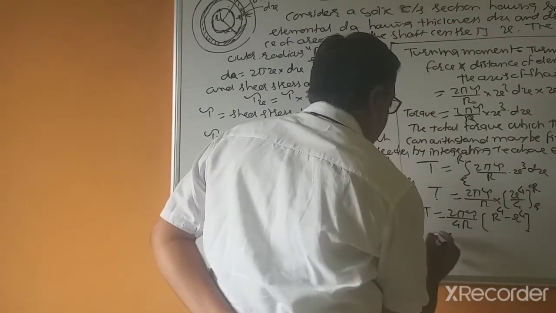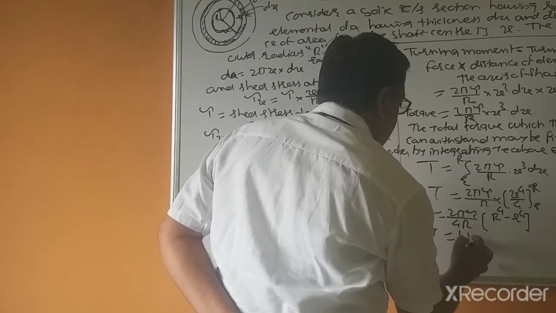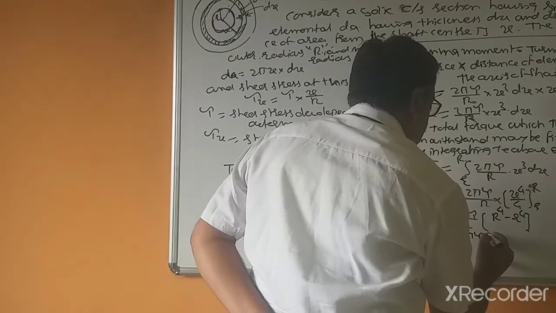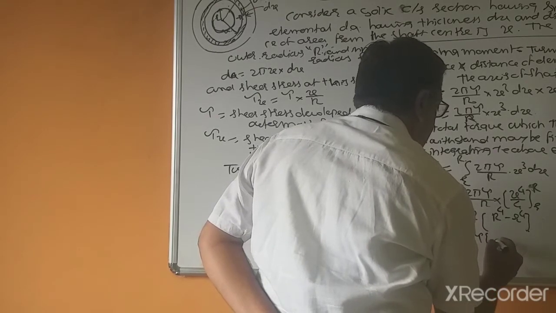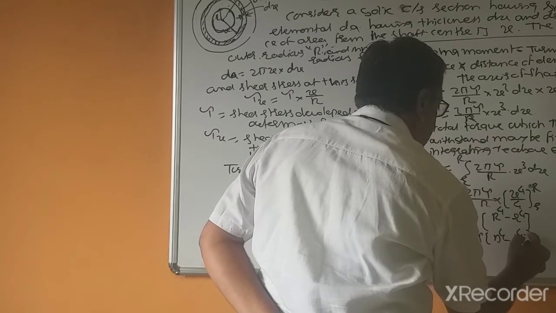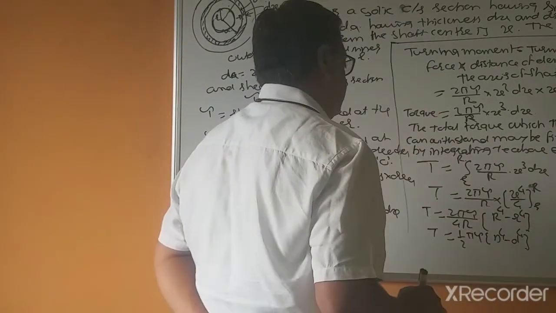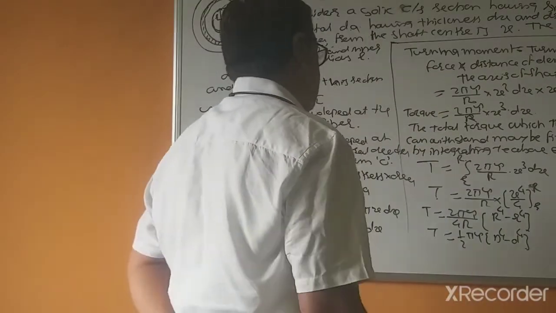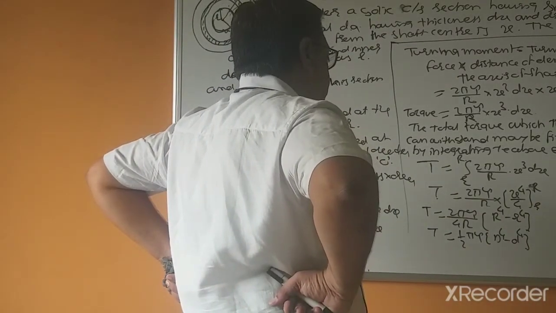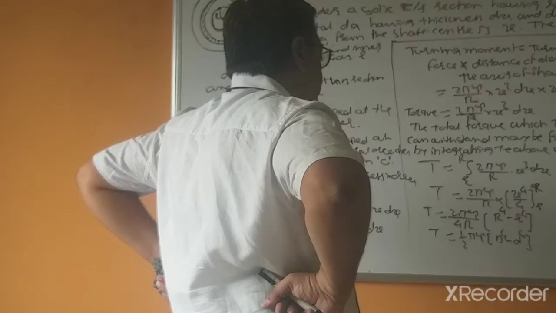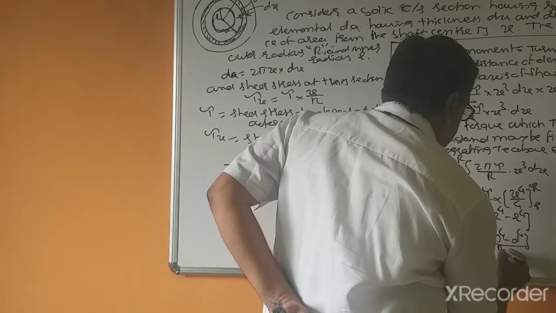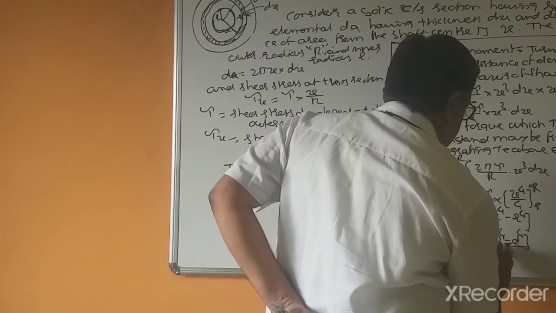So this is 1 by 2 pi into tau divided by d raised to 4, small d raised to 4, and this is capital D raised to 4.